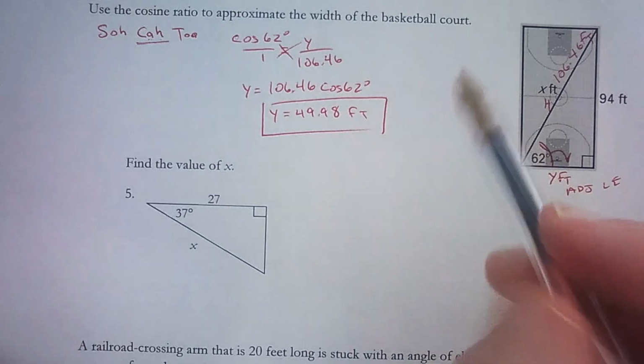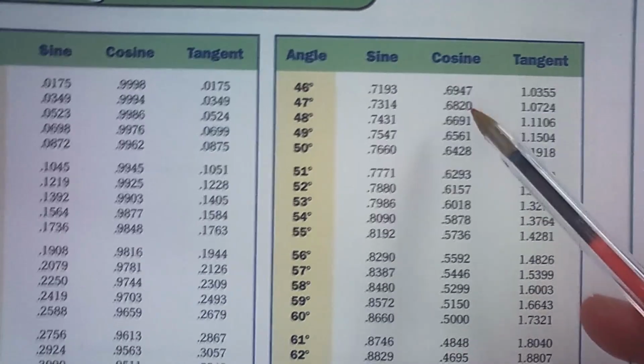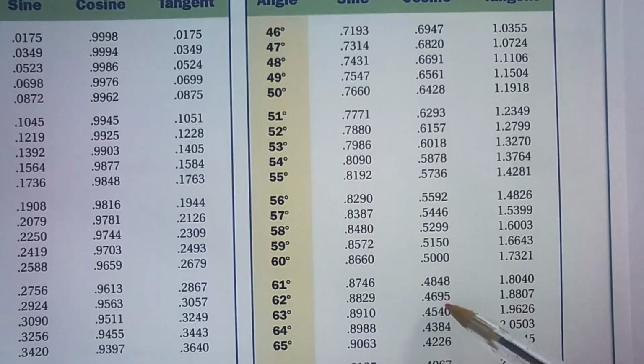Now what happens if I don't have a calculator that does cosine? You can use an online calculator that has cosine. There's plenty of free calculators online that do that. Or on this chart, cosine 62 is 0.4695.